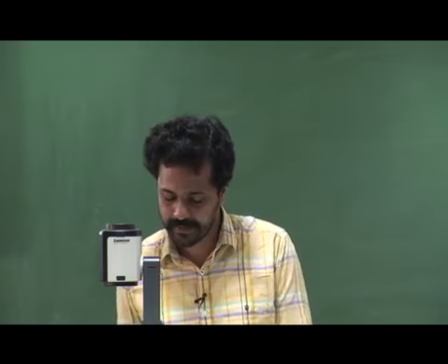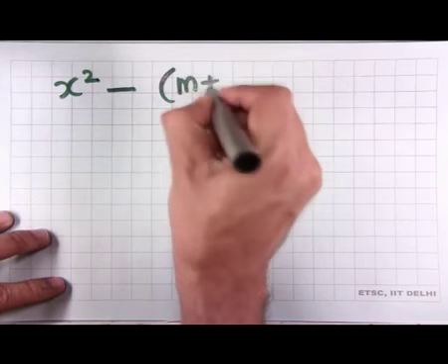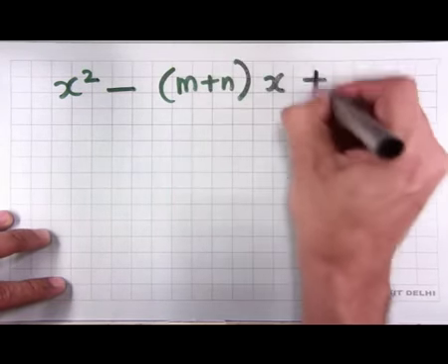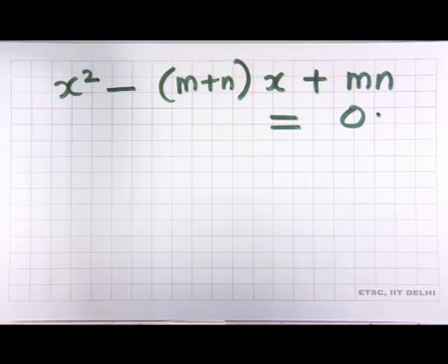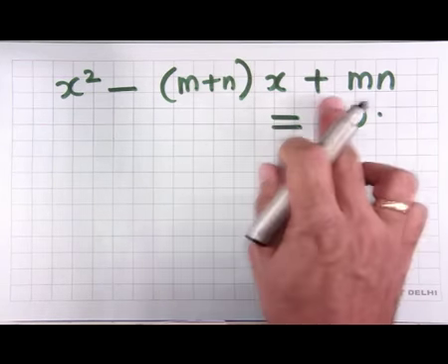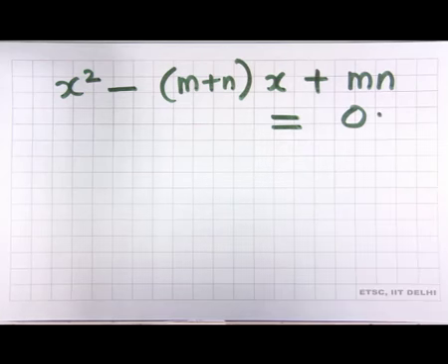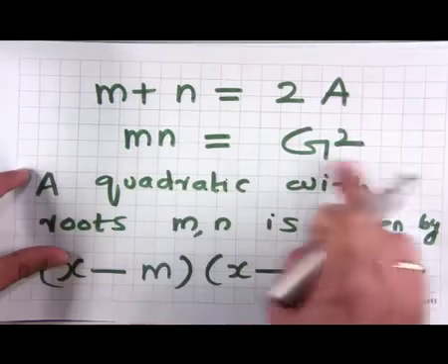Expanding, we get x square minus m plus n times x plus mn is equal to 0, which is a well-known fact. A quadratic with roots m and n is given by x square minus sum of the roots into x plus product of the roots equal to 0. With the given information, we have m plus n is 2A and mn equal to G square.